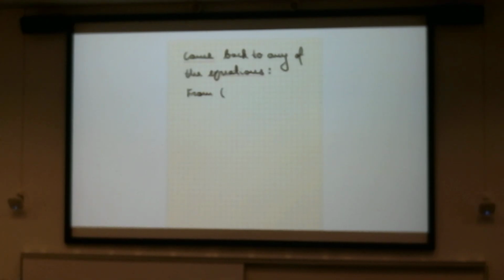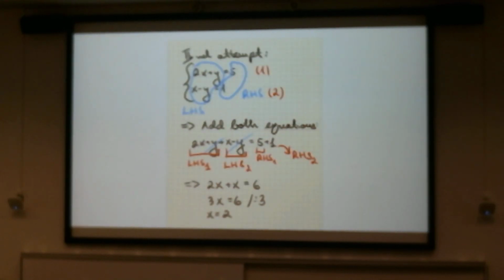From equation 2, I have x minus y equals 1. So then I know that x is equal to 2. I have 2 minus y equals 1. So it's pretty clear that y needs to be equal to 1, as we already know. So it's the same answer. x equals 2, and y equals 1.